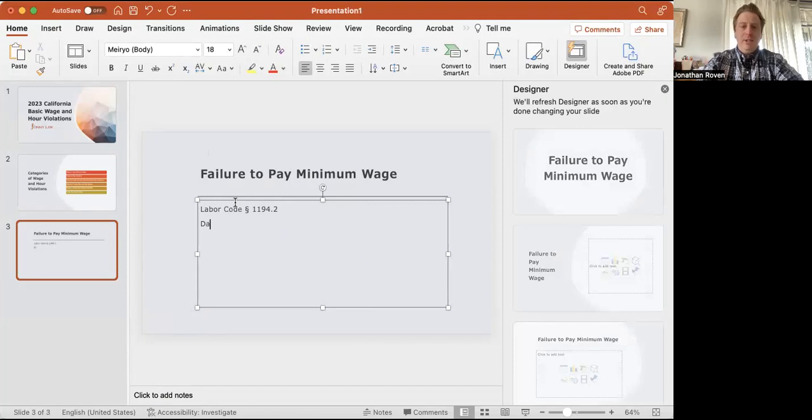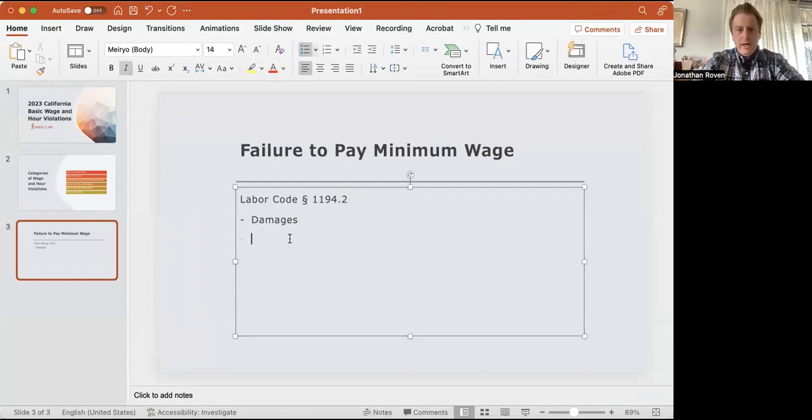This authorizes several categories of damages. So one is the actual minimum wage that you would get. The second one is interest.